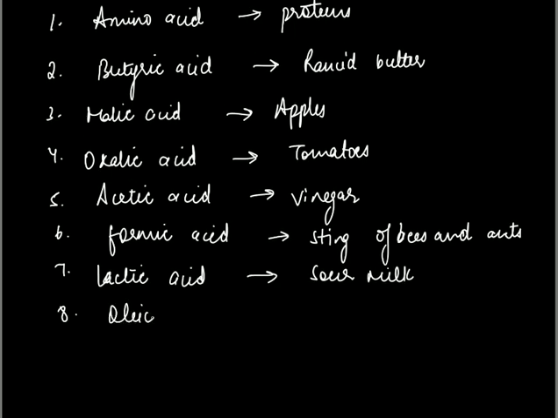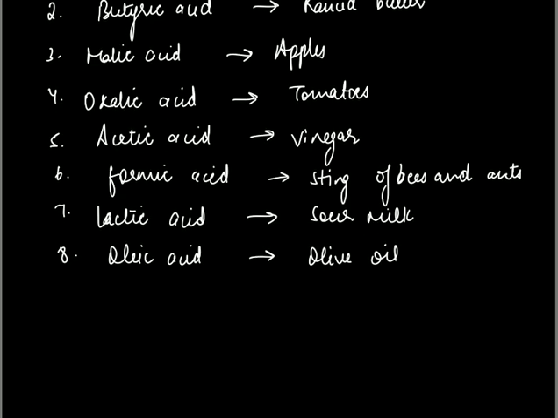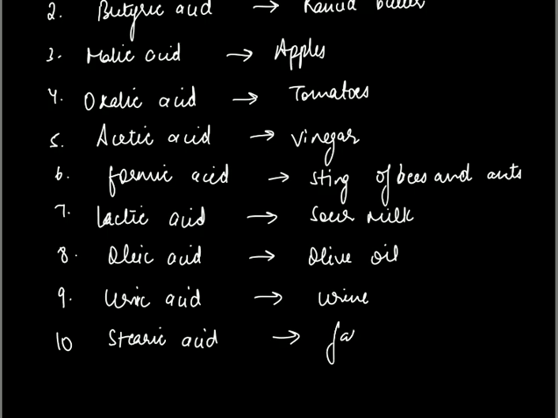Oleic acid, olive oil. Uric acid is in urine. Stearic acid, that's in fats.